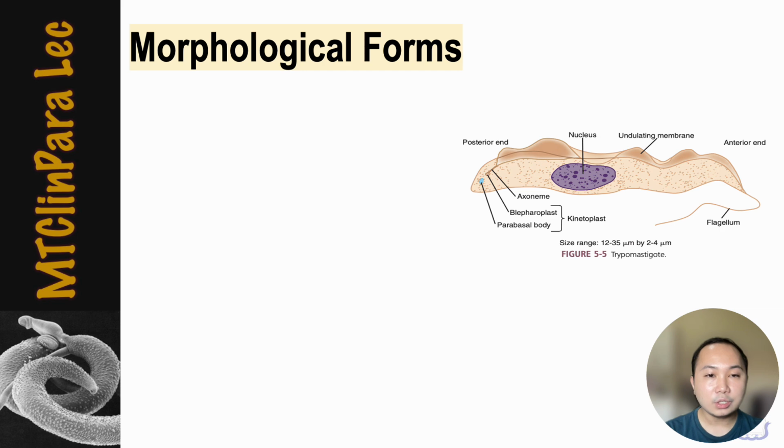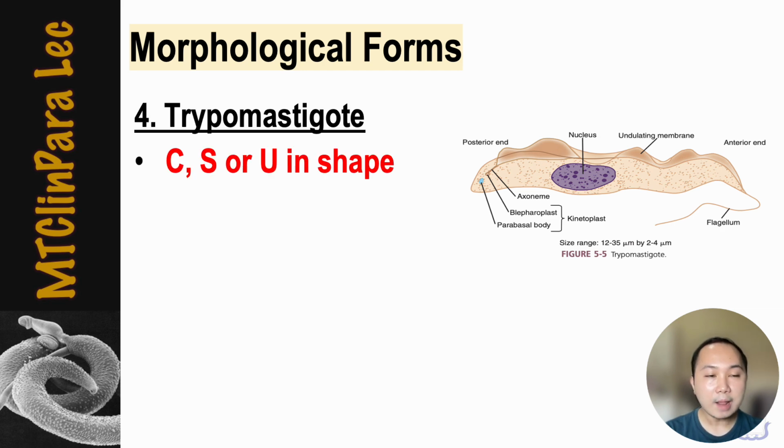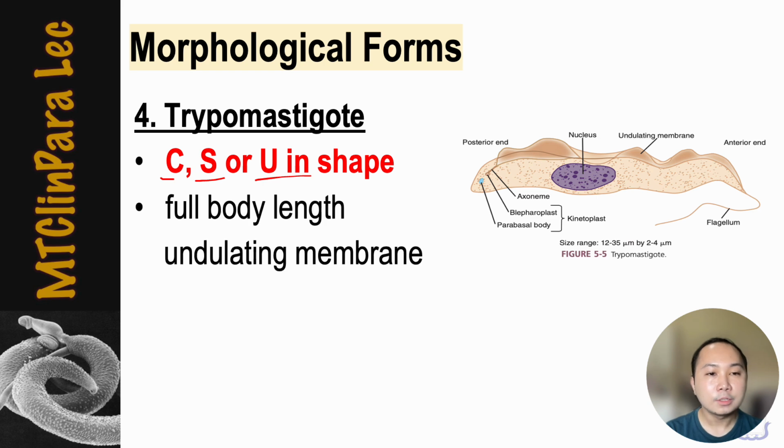The last morphological form is what we call the trypomastigote. The trypomastigote may be seen in the peripheral blood smear as C, S, or U in shape. Later on, we will show what they look like under the peripheral blood film. Very unique to the trypomastigote, compared to the epimastigote, is that it has a full-body-length undulating membrane.